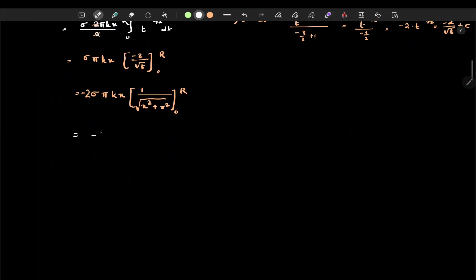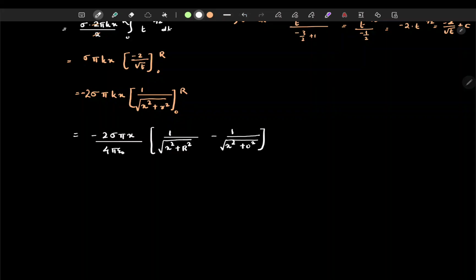So it will be minus 2 sigma pi x, and the value of k is 1 by 4 pi epsilon naught. Then upper limit minus lower limit: 1 by root over x square plus capital R square minus 1 by root over x square plus 0 square, small r replaced by 0, finished.